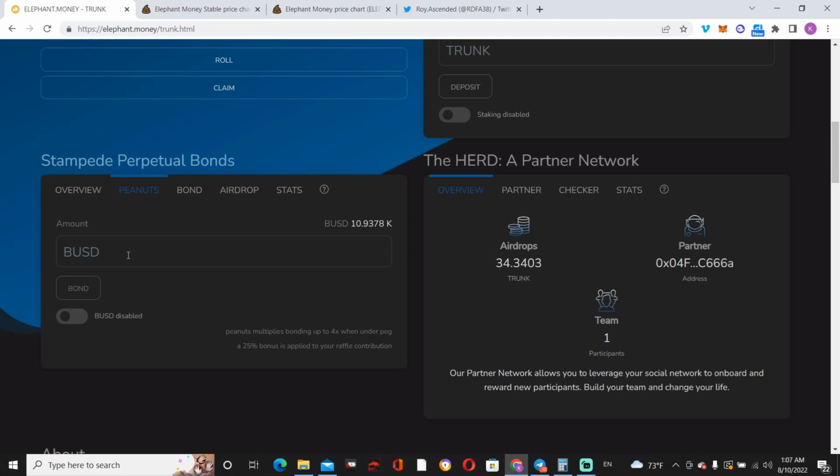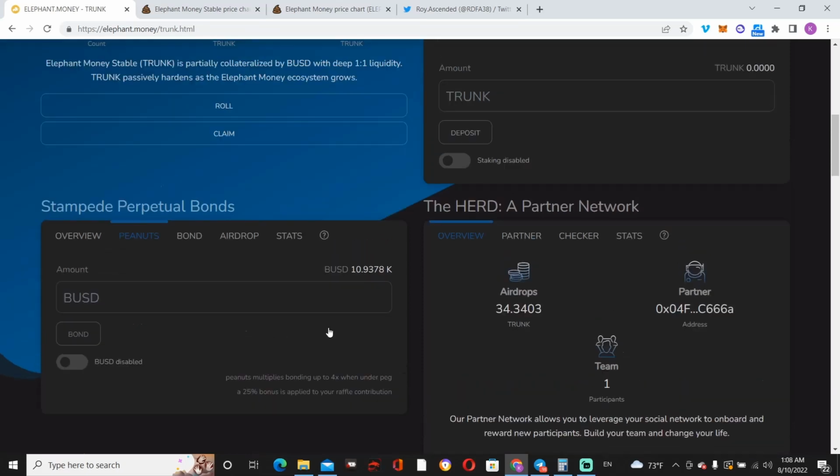Come here, you enter your BUSD, and you're going to get whatever the price of Trunk on PancakeSwap is. So at 25 cents, that gives you 400 Trunk. And I think this is very important, because you could argue that you can go buy Trunk on PancakeSwap, true, but when doing that, you're not contributing to the BUSD treasury, correct?